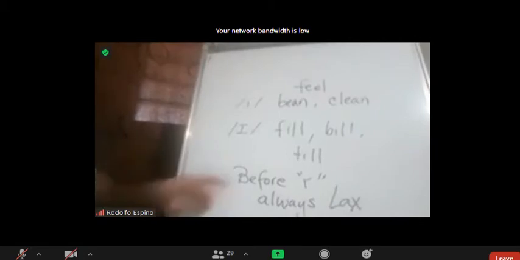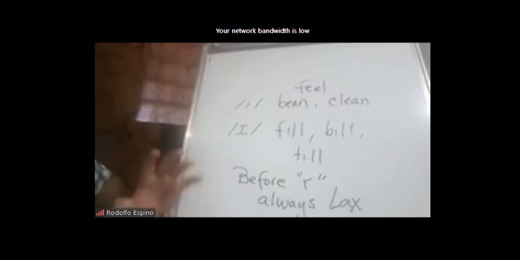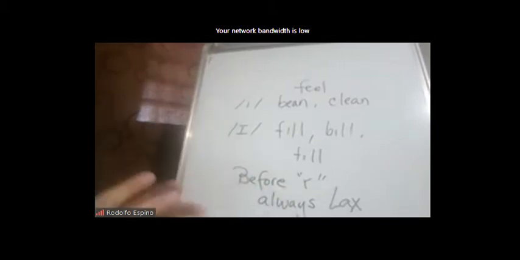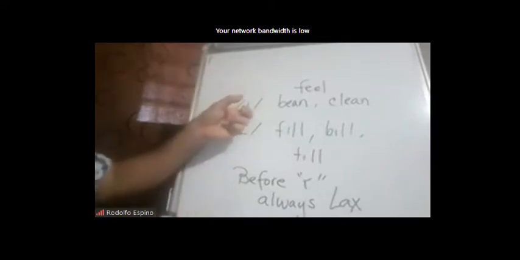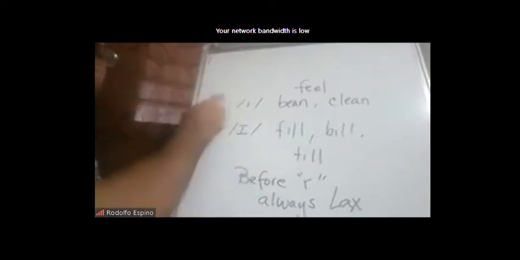So before R, it is always lax. If you know this, there is no vowel in English that happens before R that you will not know how to transcribe. Before R, there is always a lax vowel. You cannot transcribe a tense vowel, even if it is a combination of letters like this one. Okay, let me give you an example, based on the rule I already gave you.